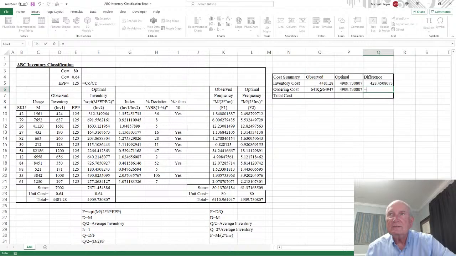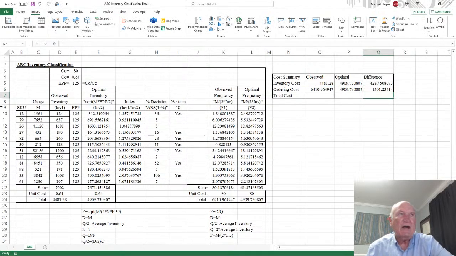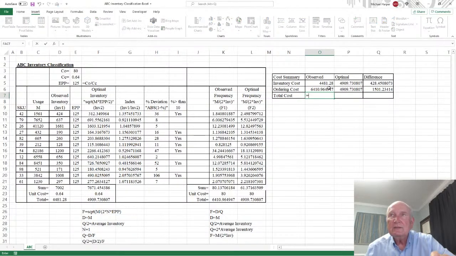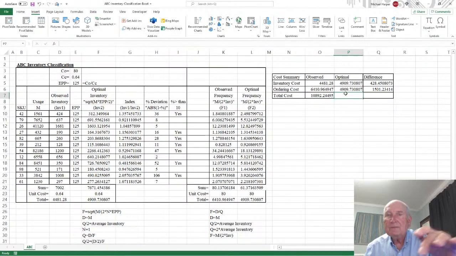In this case, it's this minus this. Okay, fine. But what's really of interest, what we really want to look at, is going to be the totals. So this equals the observed, this plus this, and this is going to equal this plus this. Okay, this doesn't look like ordering cost. Yep, that's right.